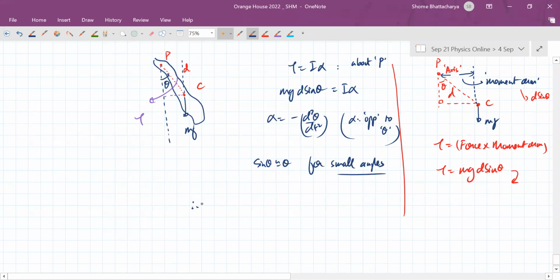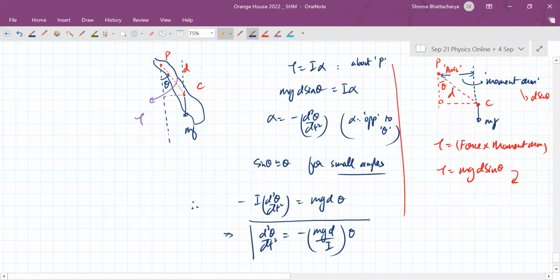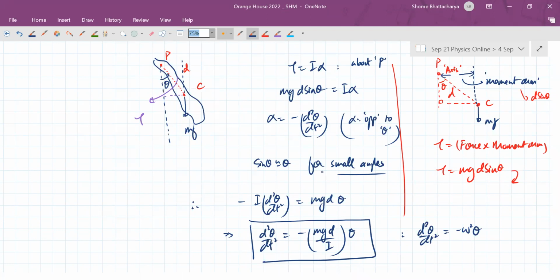So therefore we have the angular harmonic equation.